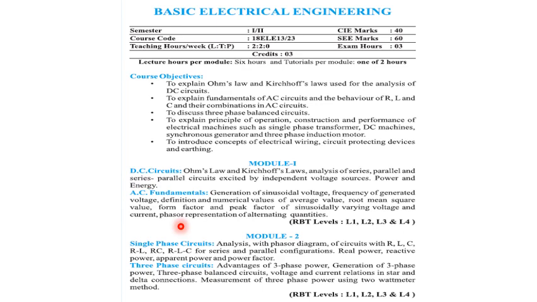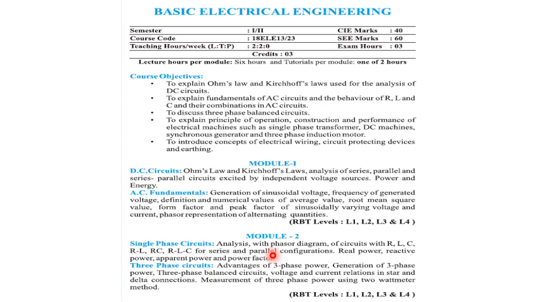Similarly, the second module also consists of 2 parts. First part is single phase circuits, second part is 3 phase circuits. In single phase circuits, circuit analysis with phasor diagram you are going to study.